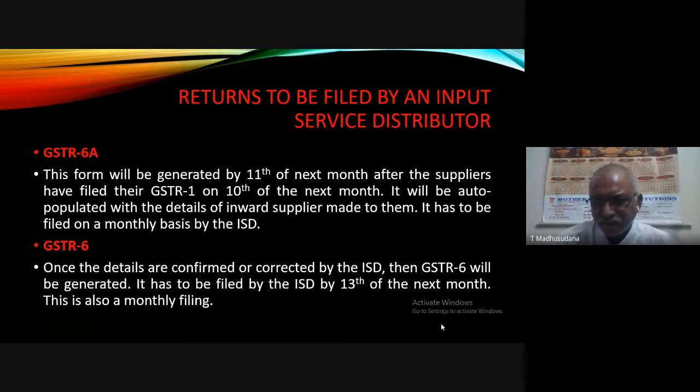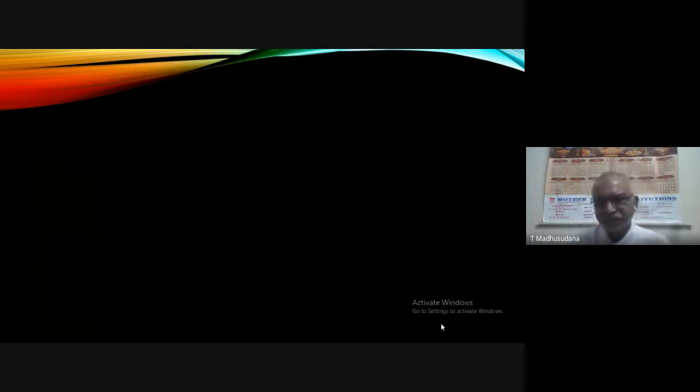It has to be filed by the ISD by the 13th of the next month. The last date for filing GSTR 6 is the 13th of the next month. This is also a monthly filing, to be submitted online through the GSTN.